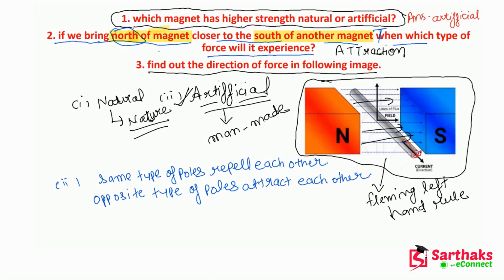So now what will be the direction of force? If you keep your left hand like this, then your thumb will be upright, and your thumb shows the direction of force. So the direction of force is upright.